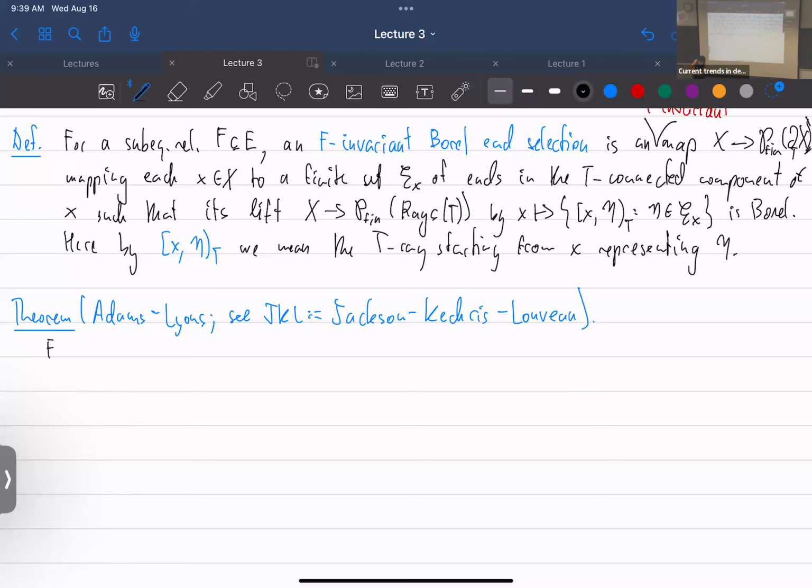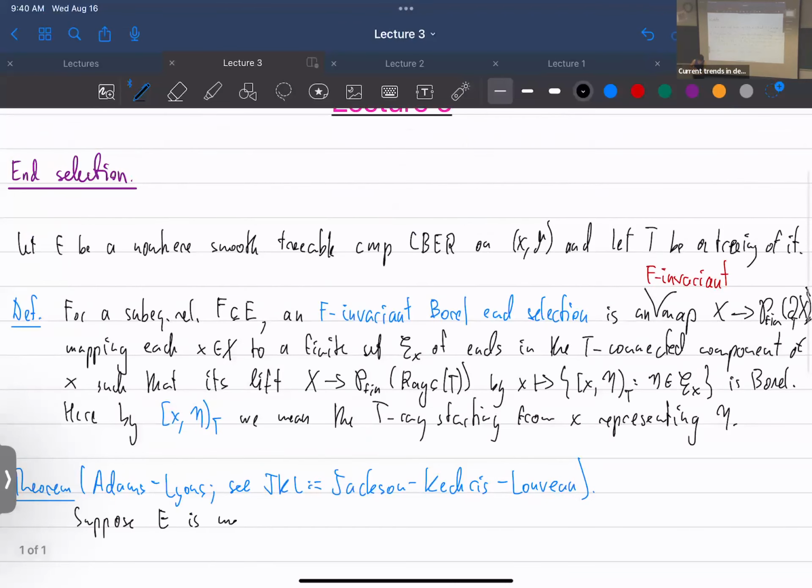So the theorem says that, basically, F is amenable. Suppose E is nowhere smooth. Maybe I already assumed that. Yeah.